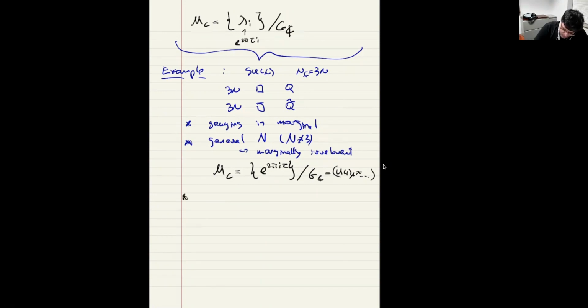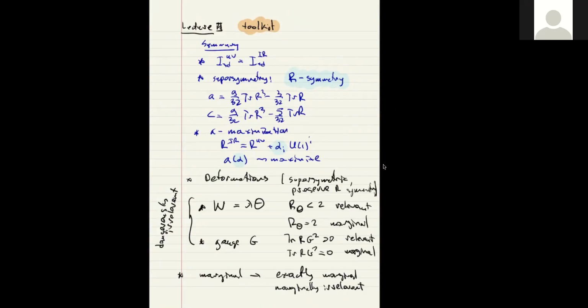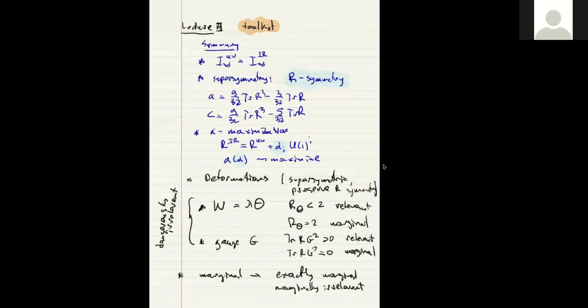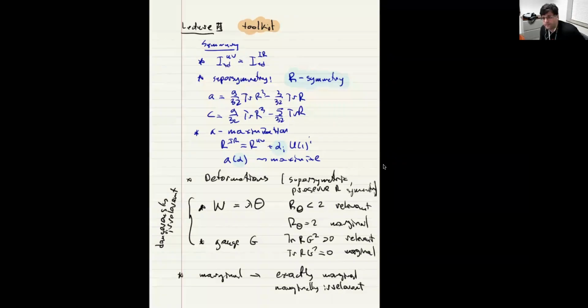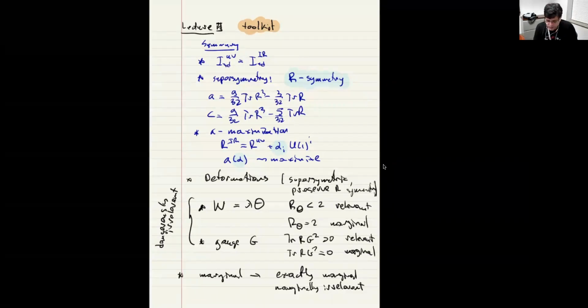Excuse me, may I ask a question? Sure. In the previous slide, you gave a criterion which tells us whether the deformation is relevant or marginal. Is this only true to one loop order? That's right. Yes, this is important. This is only at the one loop order.